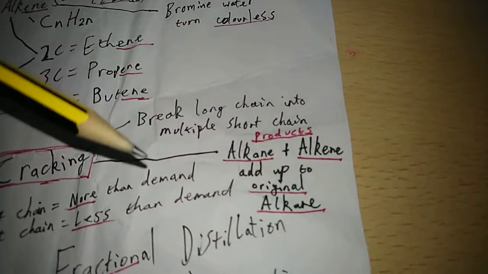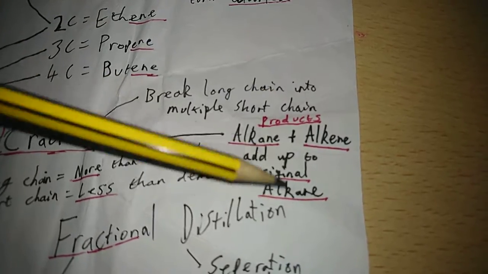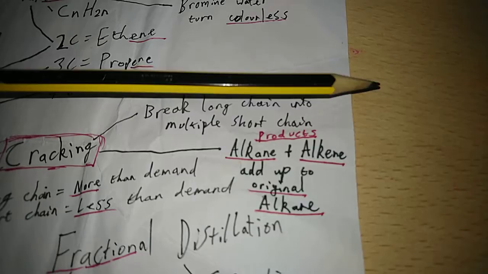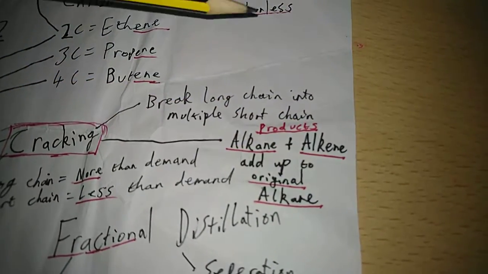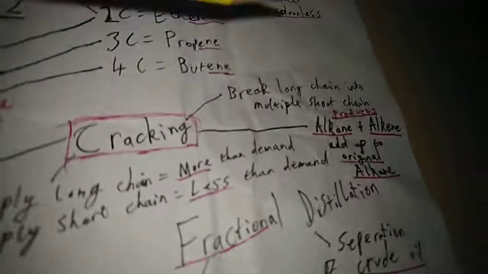So, products. One alkane and one alkene add up to the original alkane. There was originally a long chain alkane, and it was broken up into a smaller chain alkane and a small chain alkene. Those are the products.